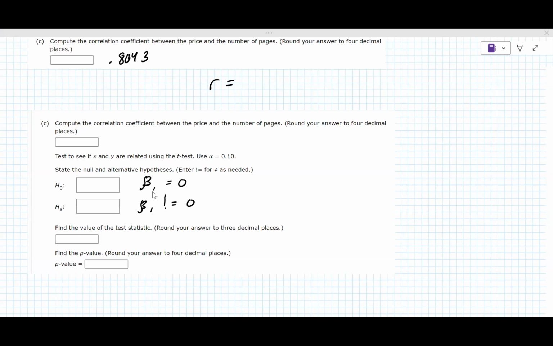B1, beta 1, subscript 1. It's not just like regular 1, is it? You have to do the drop down, like the underscore, which looks like it's under functions.